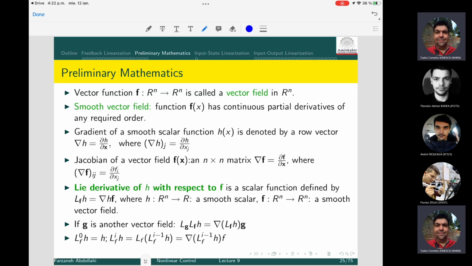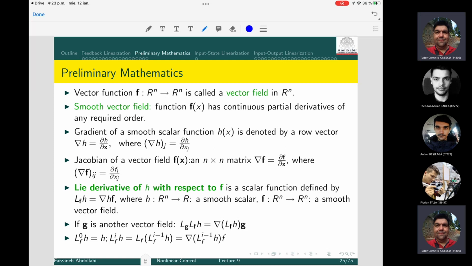A vector field admits not a gradient but a Jacobian, as we know from linearization. Nabla f, also denoted df/dx, where element ij is dfi/dxj. Then we need the Lie derivative of h with respect to f.